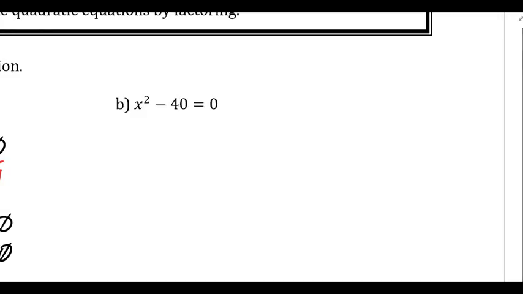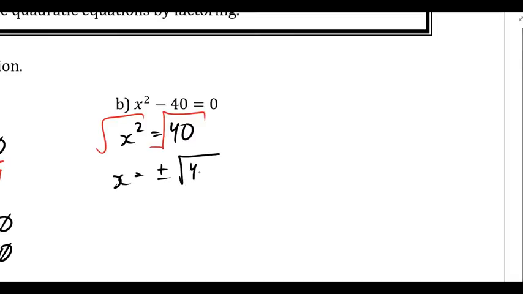In this case, it's probably really 99% your best bet to solve by isolating. So I get x squared equals positive 40. Take the square root of both sides. And x equals plus or minus the square root of 40.